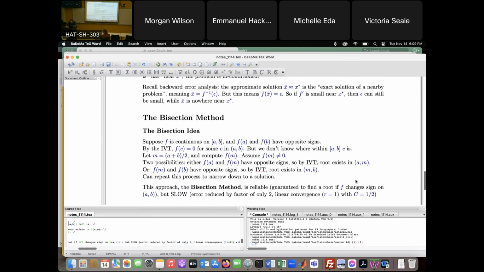Okay. So to get an idea, let's suppose you're starting on the interval, say 0 to 1. Since the error is cut by a factor of 2 every iteration, you're gaining one additional binary digit of accuracy every iteration.